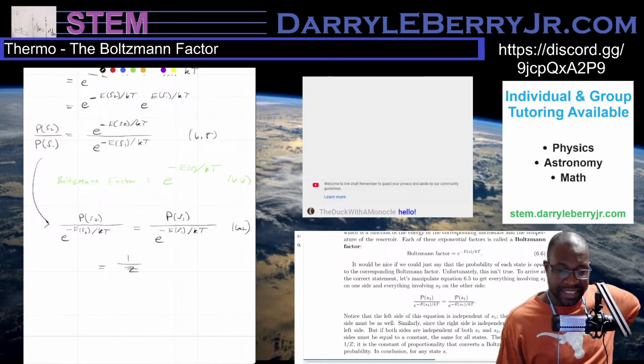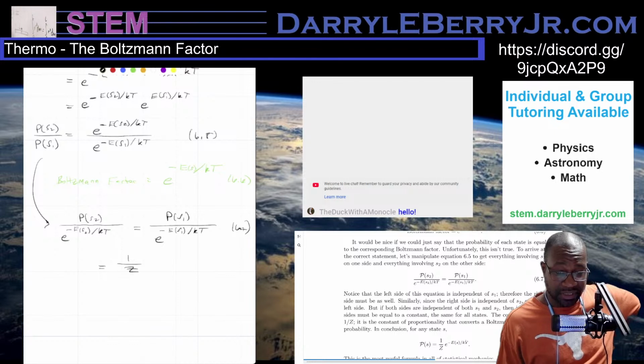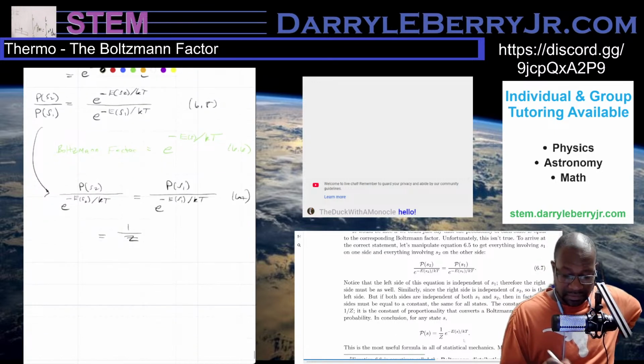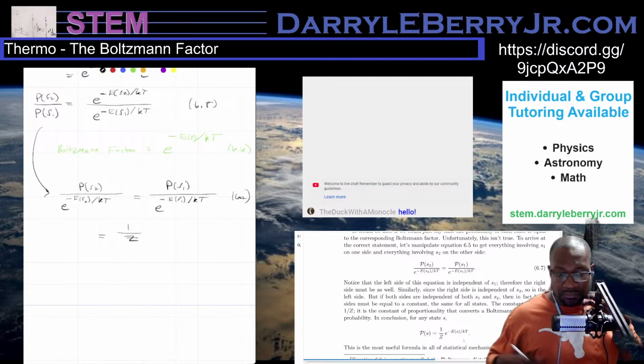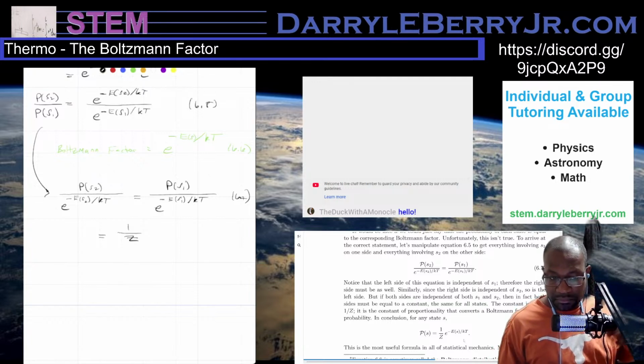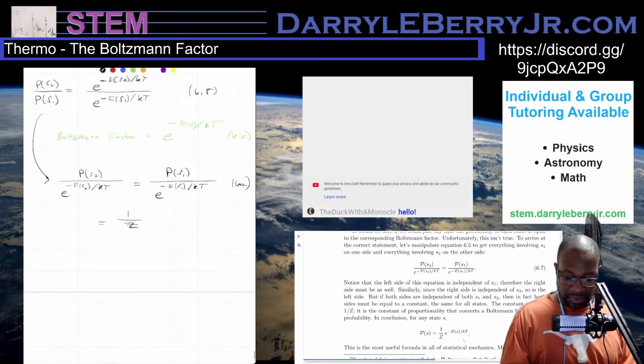It's a constant of proportionality that converts a Boltzmann factor into a probability. In conclusion, for any state S, all right.